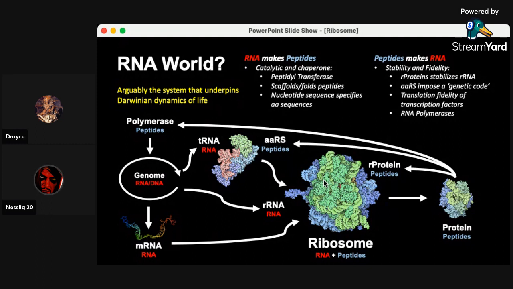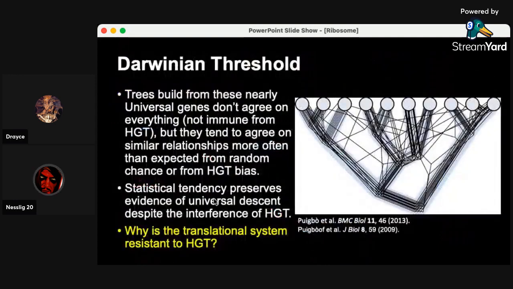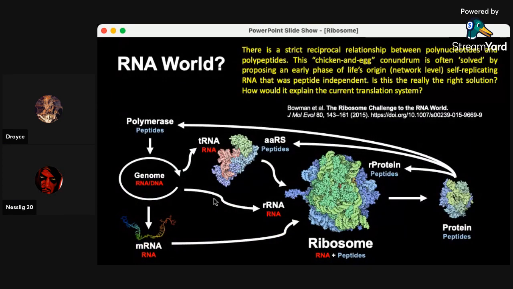Thus, if you exchange a ribosomal gene between, for example, a bacterium and an archaean, that often fails because there are slight differences between the ribosomal genes, such that if you interchange them, it reduces the translational accuracy and such. So this is why horizontal gene transfer with these genes doesn't survive for very long, and this is why you have this resistance observed in these genes.